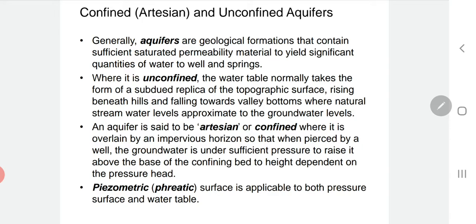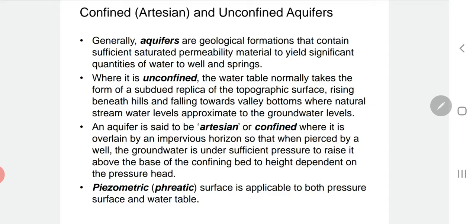Once you dig your borehole and you find some water inside that borehole, and when you use a pump to withdraw all of this water from that area, but the water keeps coming in, you know that you have hit the artesian, or you have hit the aquifer.